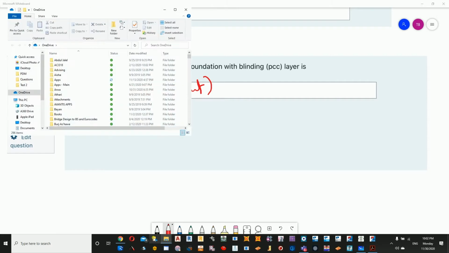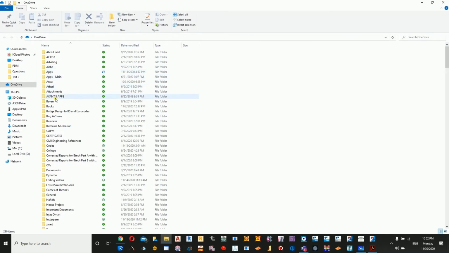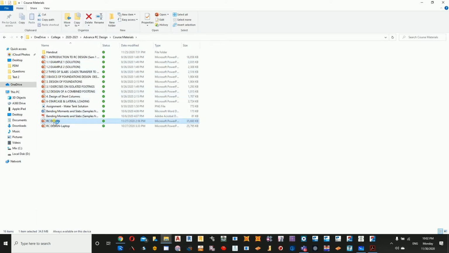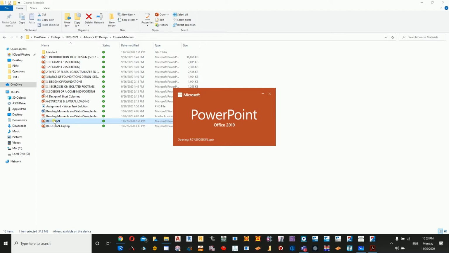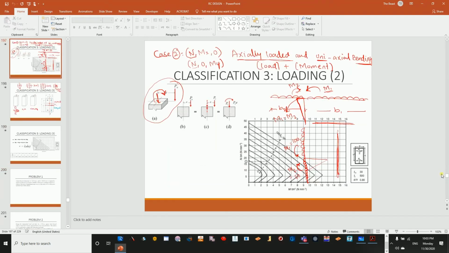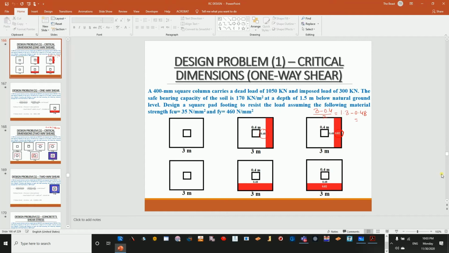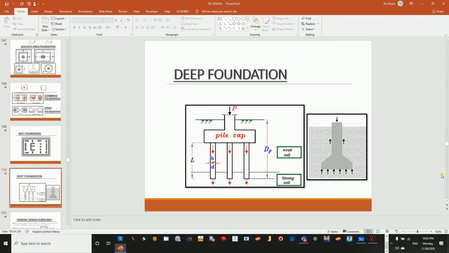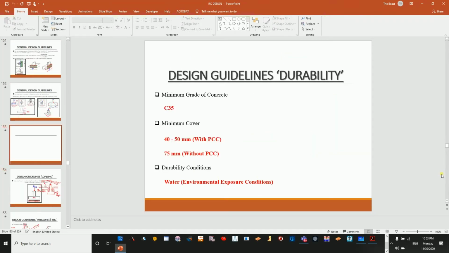Let me just open it for you. Where clearly it has been mentioned here, and I explained it in the class as far as I remember.